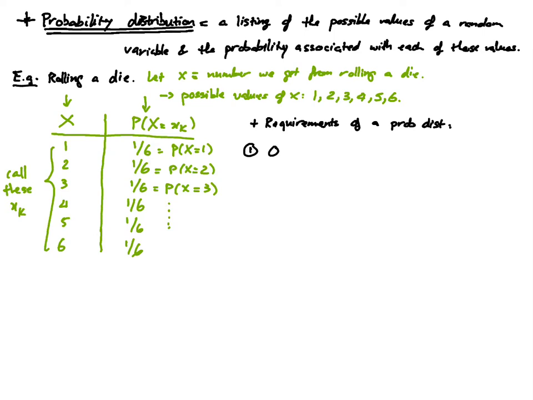So 0 must be less than or equal to the probability that x is equal to x sub k, less than or equal to 1 for all possible x sub k. So for all possible values of the variable x, the probability that x takes on each of those particular values must be between 0 and 1.